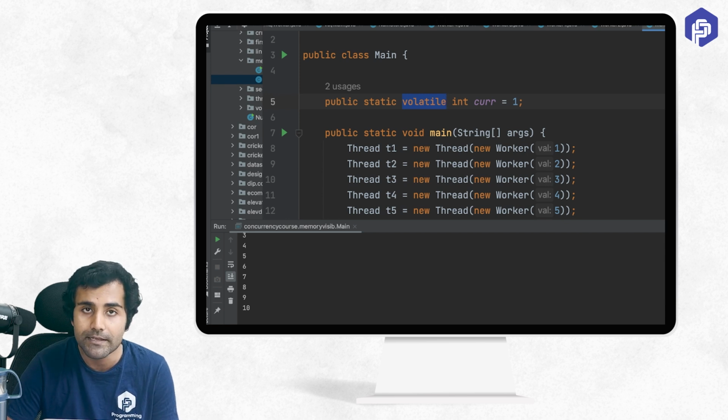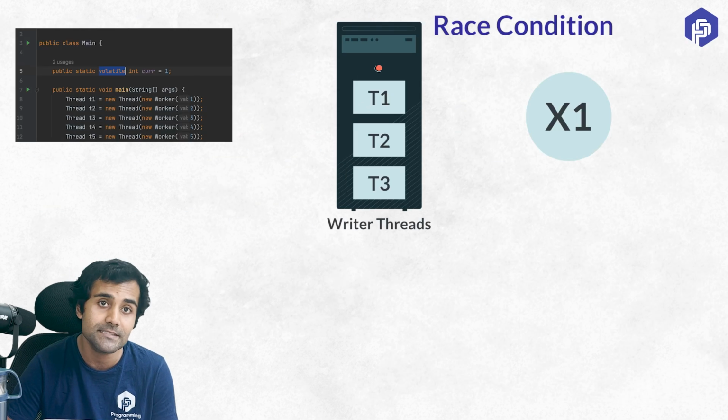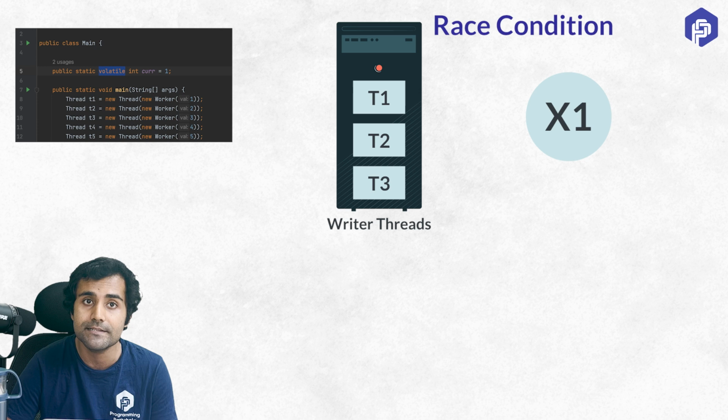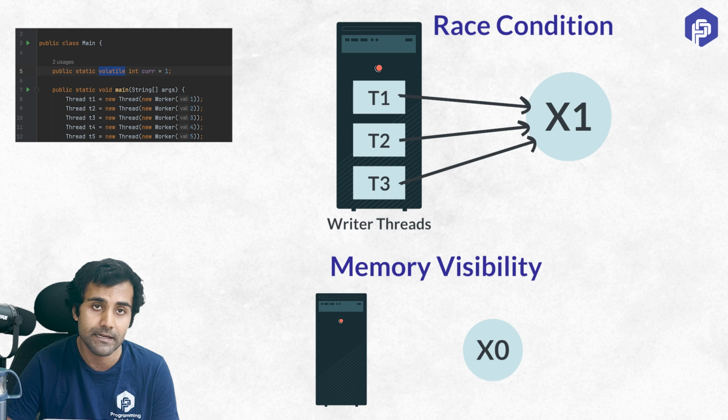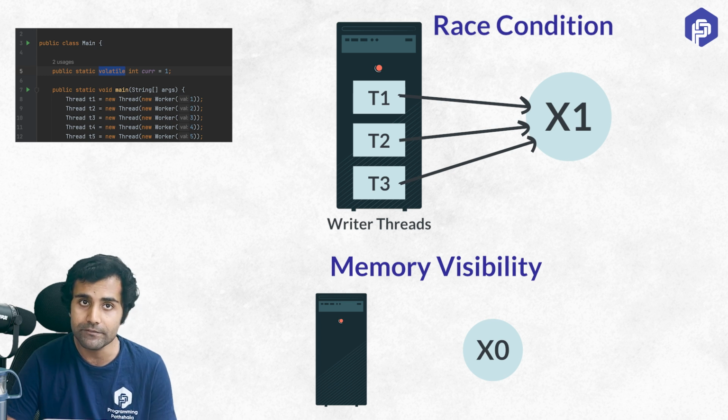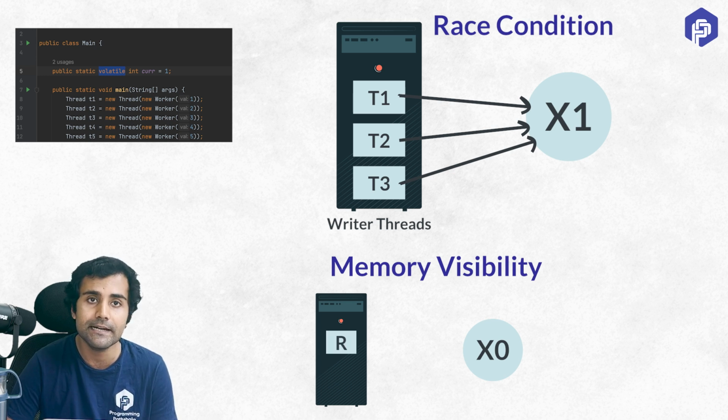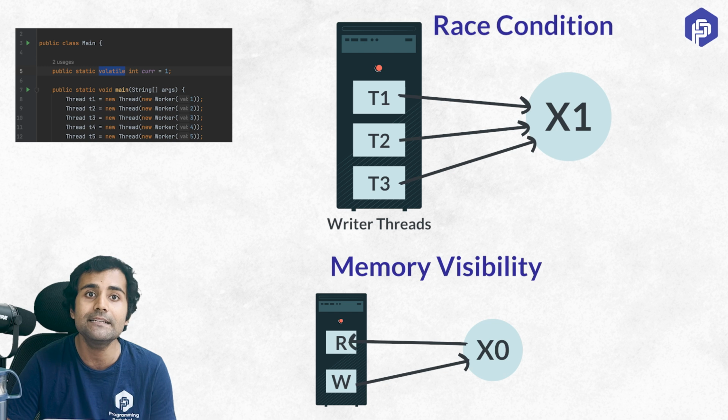Let us be very clear about the difference between the first danger and the second danger. The first danger was about race condition, which happens when multiple threads are trying to update the same variable. This problem is of memory visibility, which can happen even if you have, let's say, one reader thread and one writer thread. Say there is only one writer thread changing the value of current, and a reader thread reading the value of current.